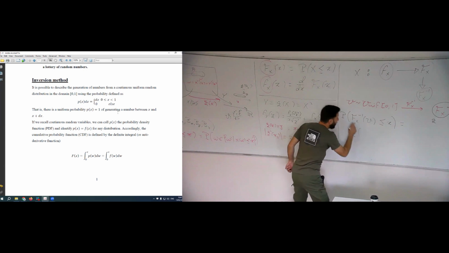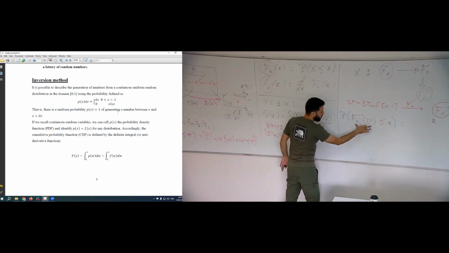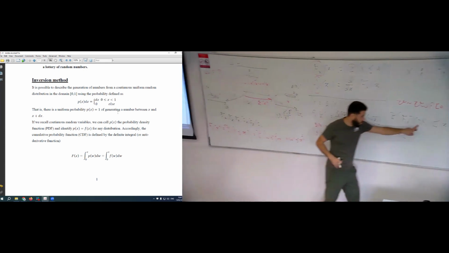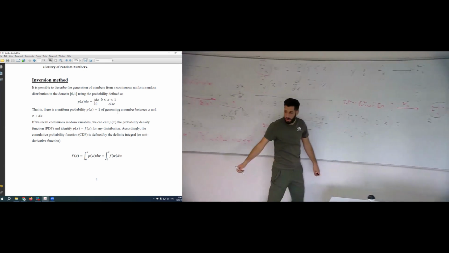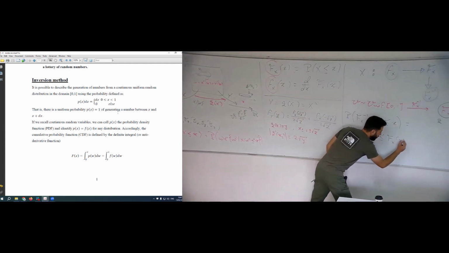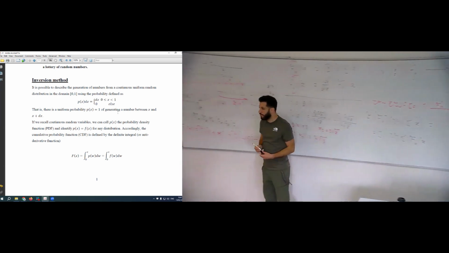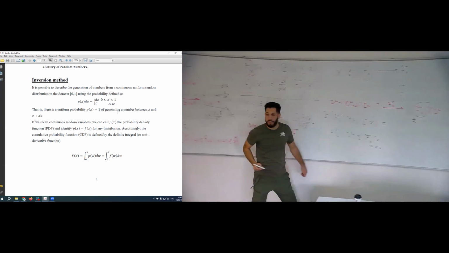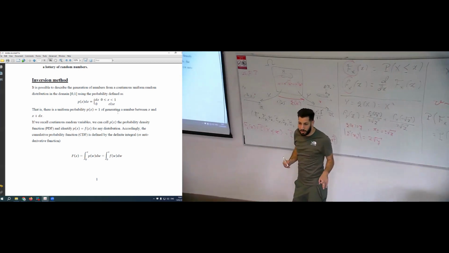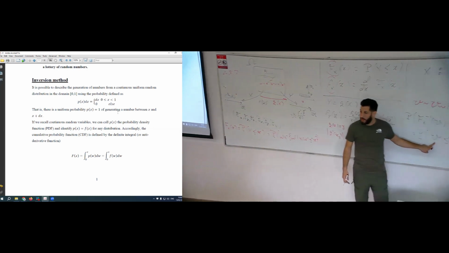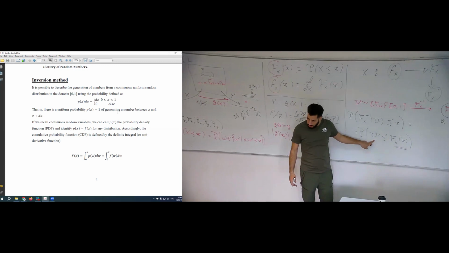The probability of Fx applied on this: Fx of Fx^-1 of u is the argument itself, it's u, smaller than Fx of x. Now this thing is a number between what and what? By definition, 0 and 1. And u is a random variable uniform between 0 and 1.